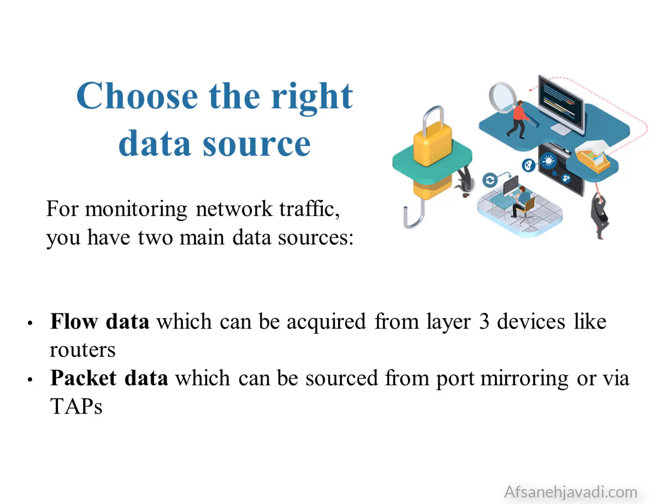Flow data can be acquired from devices like routers, and it's not very good for detection of compromised systems because it can give only some information about the volume of traffic and the source and destination IP addresses of the traffic. Sometimes you want to know something about the performance of the network. It is a good source of data for that.